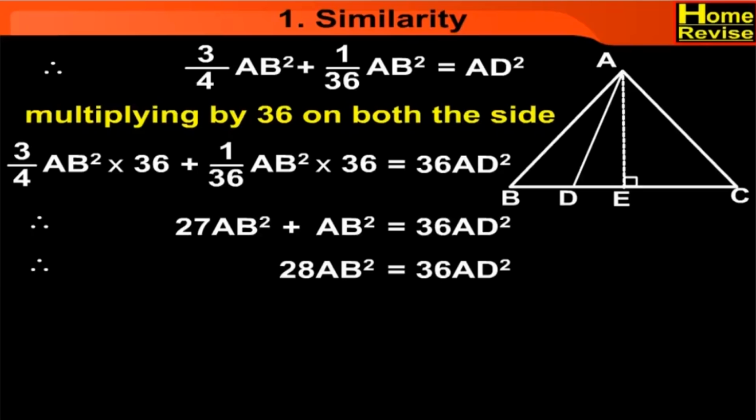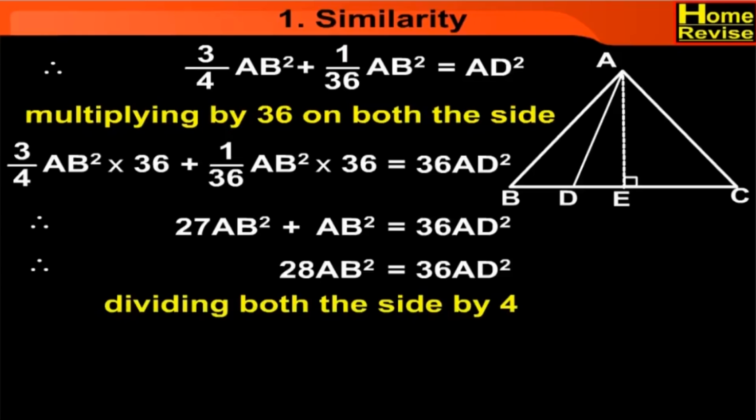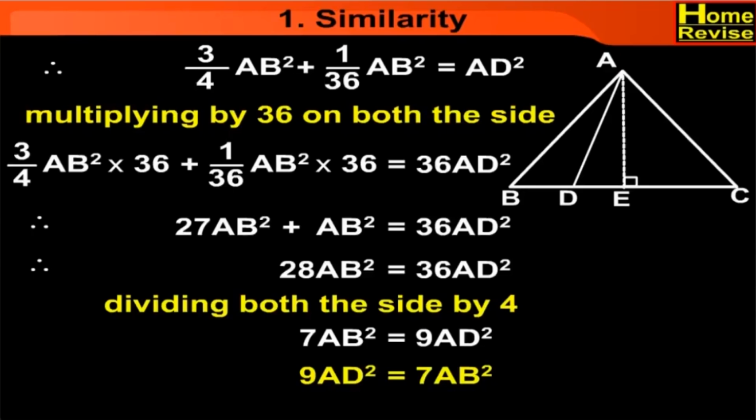Therefore, 28 AB square is equal to 36 AD square. Dividing both the sides by 4, we get 7 AB square is equal to 9 AD square. That is, 9AD square is equal to 7AB square. Thus proved.